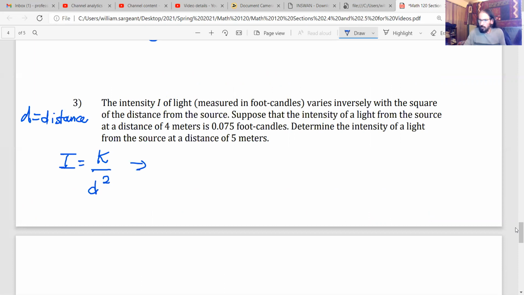We're given that the intensity at 4 meters is 0.075 foot candles. Notice again that strange labeling.